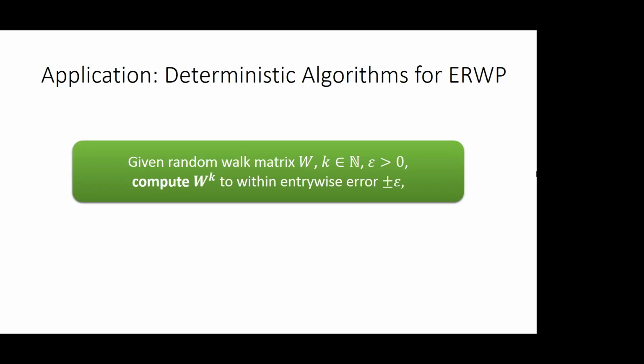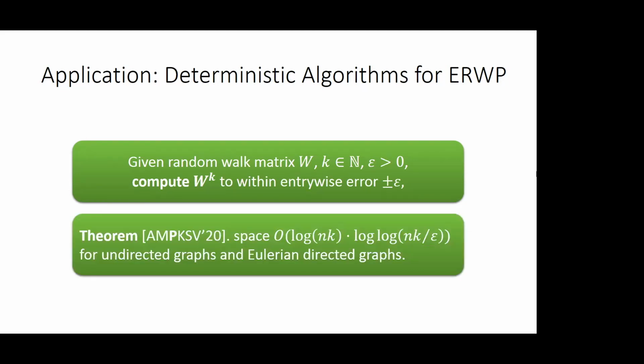And in particular, we're interested in having very small dependence on epsilon. So think logarithmic dependence on epsilon instead of inverse polynomial dependence on epsilon. And so what we show is that you can solve this problem in space that is logarithmic in n and k, and doubly logarithmic in, sorry, when I said small dependence on epsilon, I should have said doubly logarithmic dependence on epsilon.